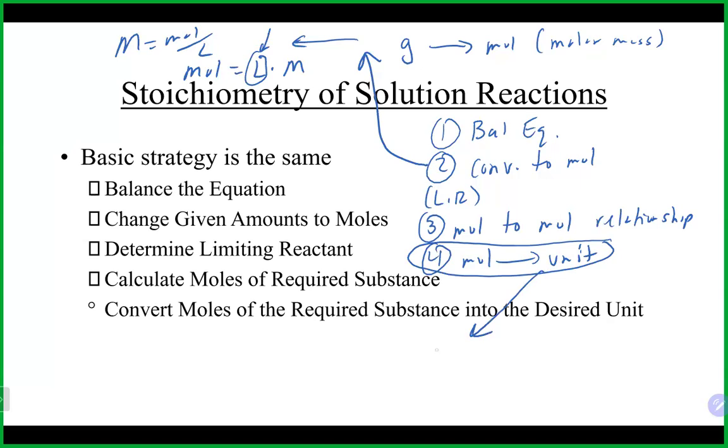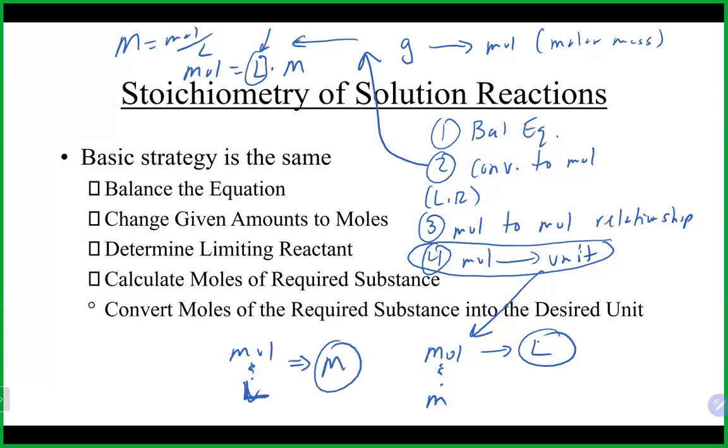We oftentimes at the back end will have the moles, and perhaps we will have the molarity. And then you could get the volume, for example. You also could have the moles and the volume, like the liters or the milliliters, which will allow you to calculate the molarity.